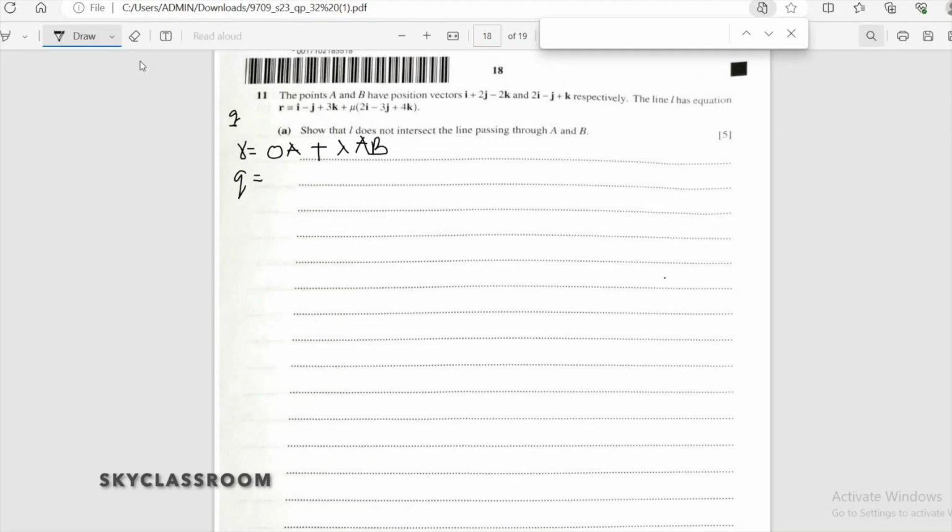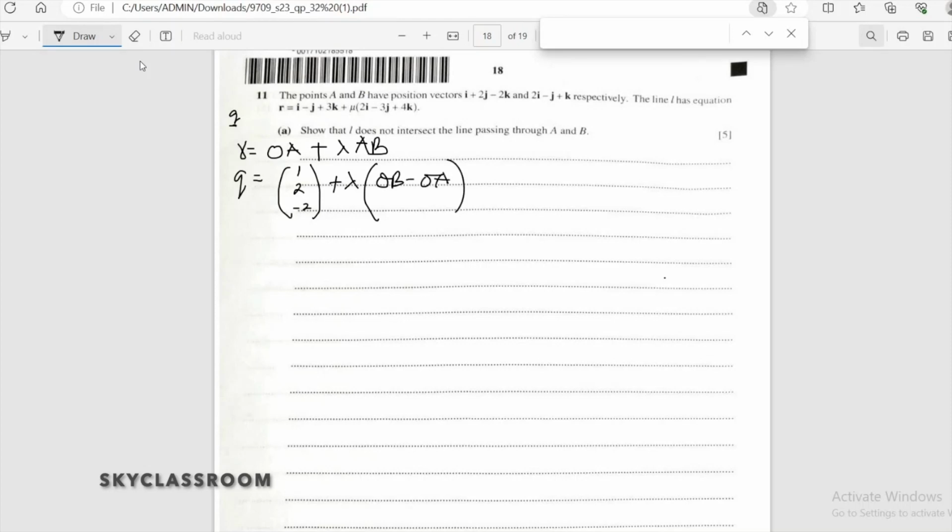So for line Q, we have OA. OA is equivalent to point A, that will be (1, 2, minus 2), plus lambda AB. AB means OB minus OA.